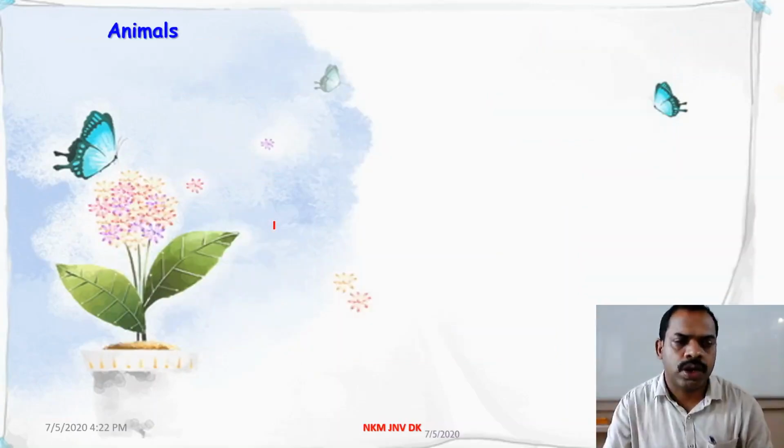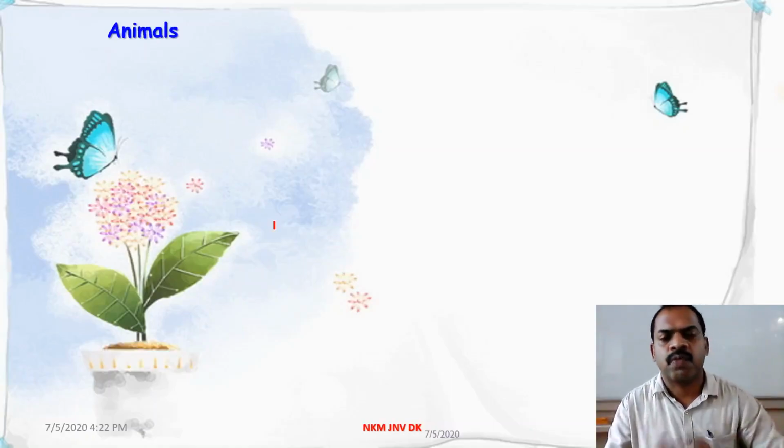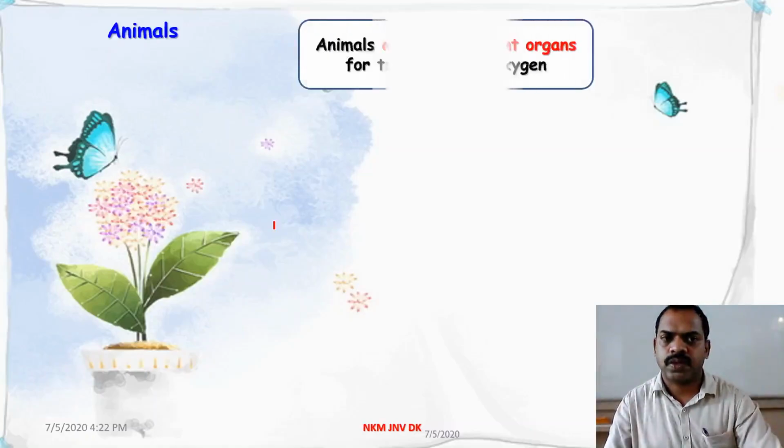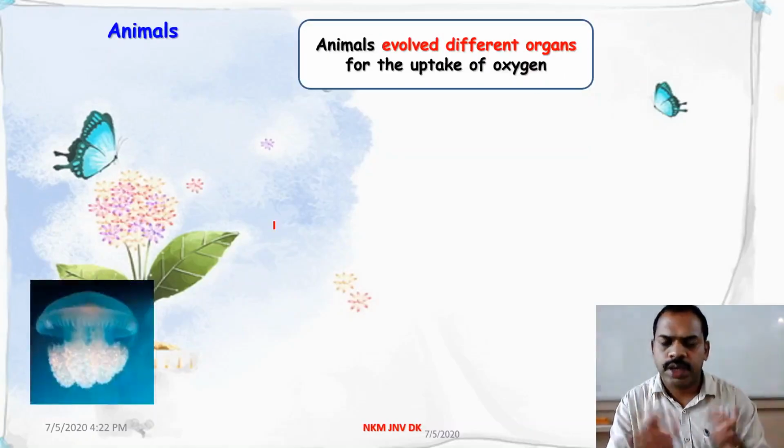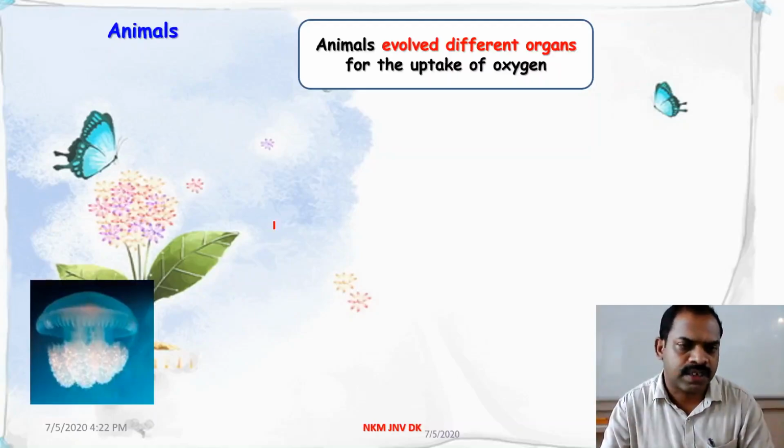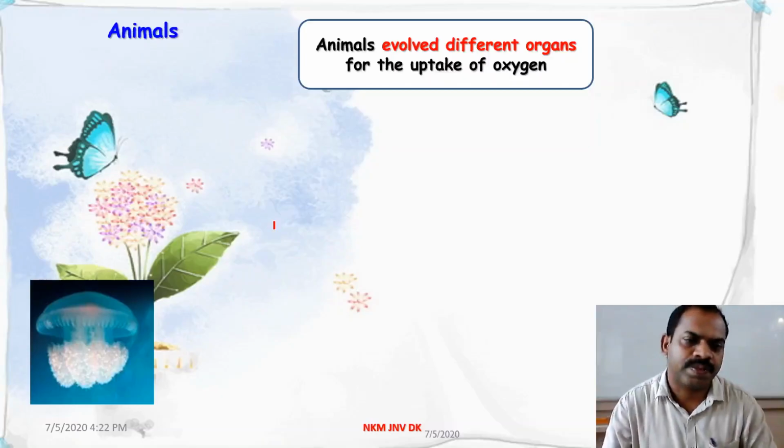Now we will go into animals, the respiration in animals. Animals have various types of respiratory organs. In very simple organisms like the jellyfish, they can manage with diffusion.